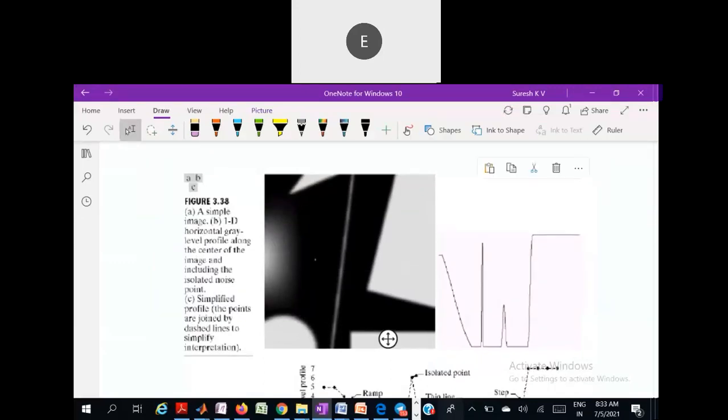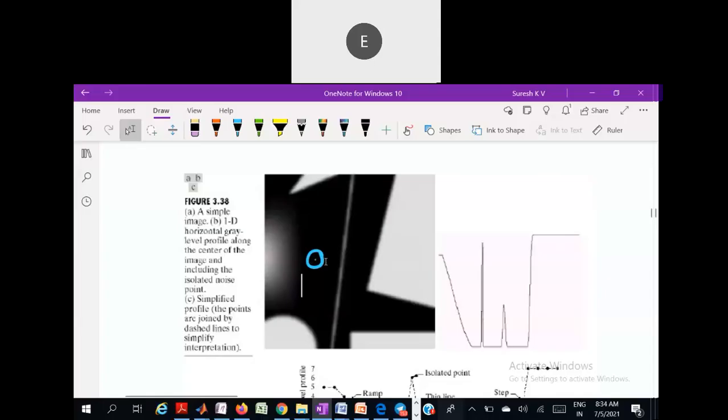Do you see a white dot here at this point? Yes, sir. So at this point there is a white dot. So suddenly at this point the value suddenly increases and comes back. So this is actually a point that I discussed, an isolated point that I discussed just now.